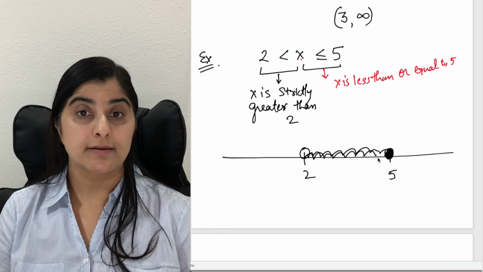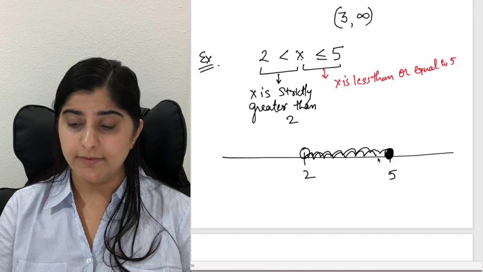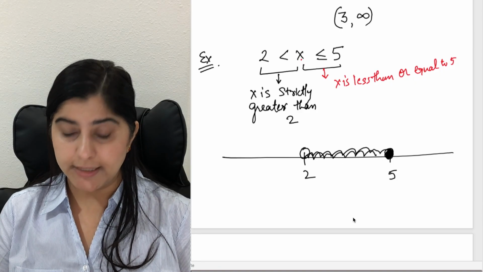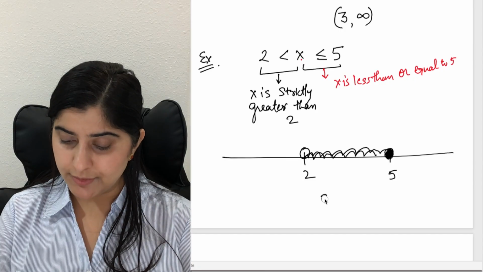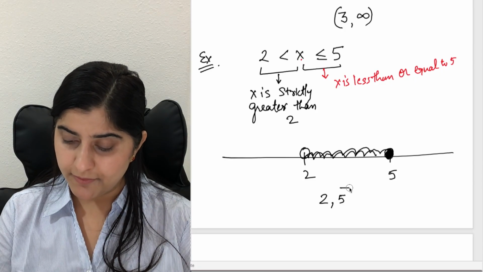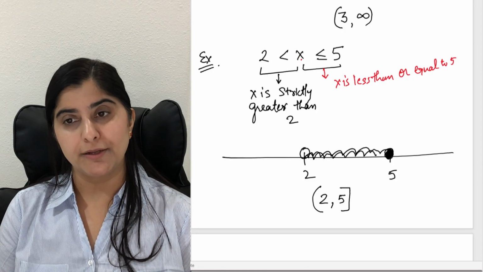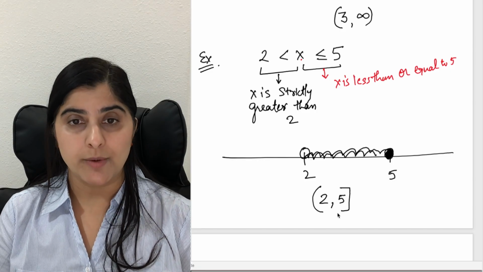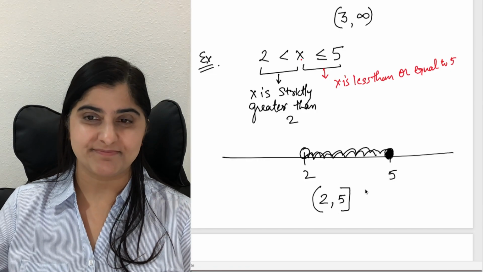If this is the graph, x can be anywhere in this shaded area. And for the interval notation, we have two endpoints, 2 and 5. 5 is included and 2 is not included. This is how we draw the graph and write the inequality in interval notation.